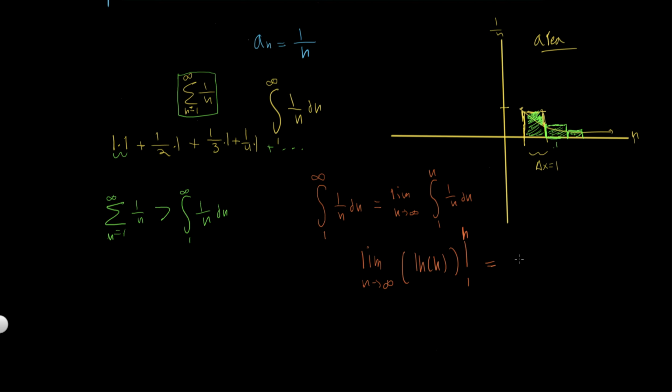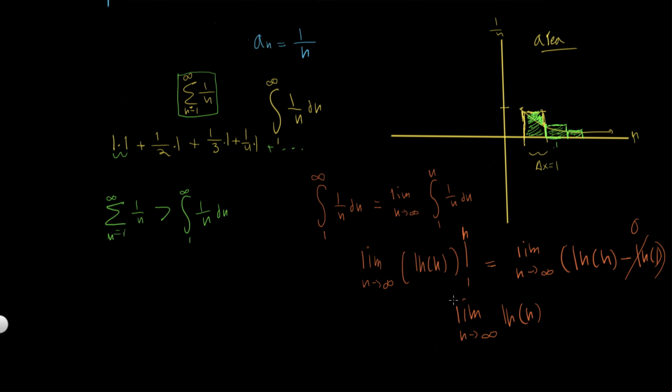So this is equal to the limit as n goes to infinity of the natural log of n minus the natural log of 1. I'm going off the screen a little bit, but we're just evaluating at n and 1. Well, the natural log of 1 is just 0. So we can rewrite this as the limit as n goes to infinity of just the natural log of n.